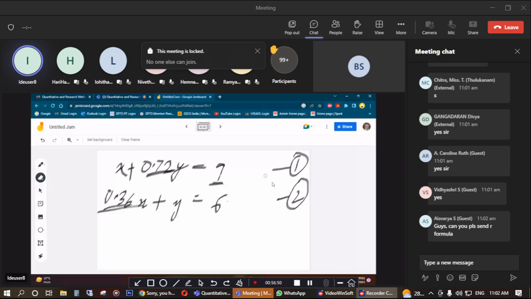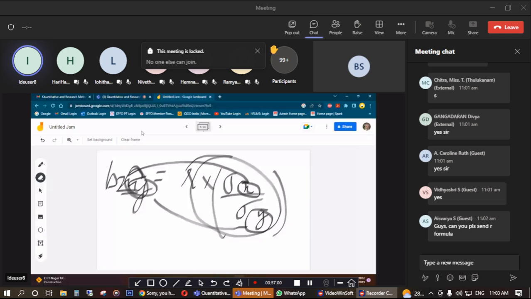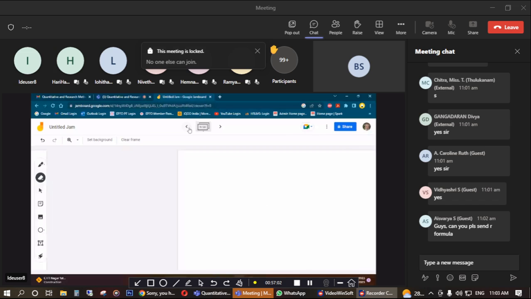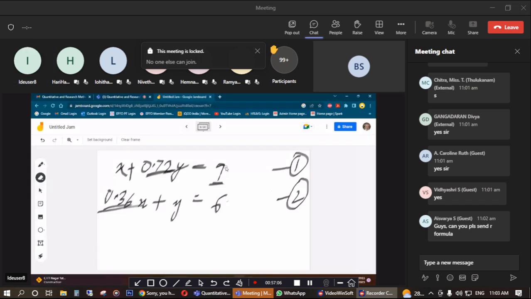Now what you have to do is take these two equations and solve the problem. How? I will tell you how to solve the problem. Very simple. Let us take the first equation: x plus 0.72y is equal to 9.